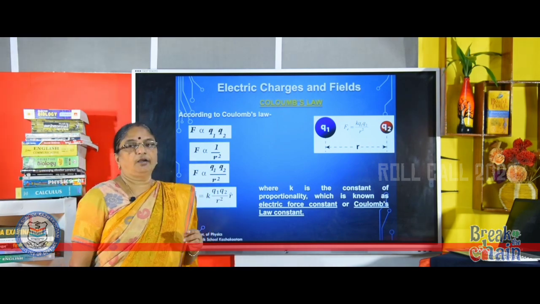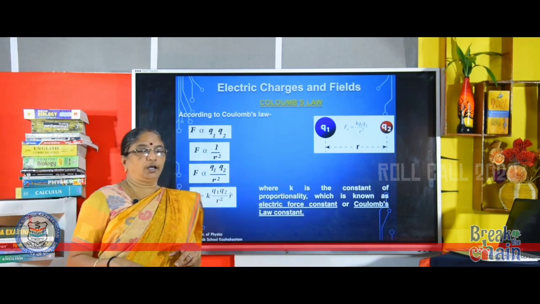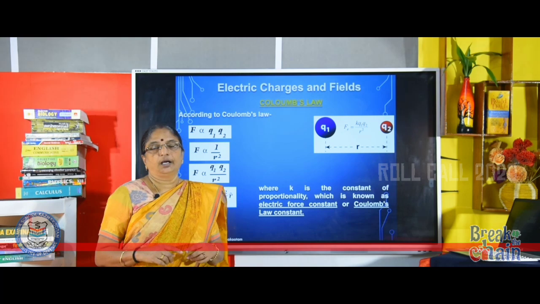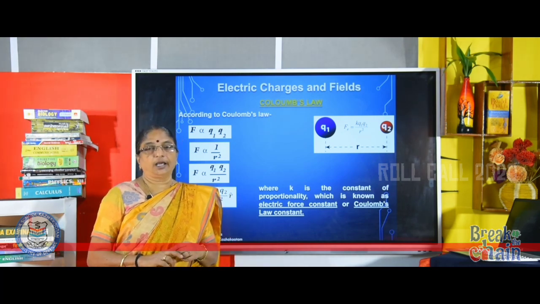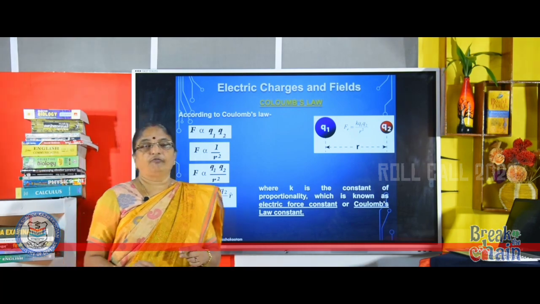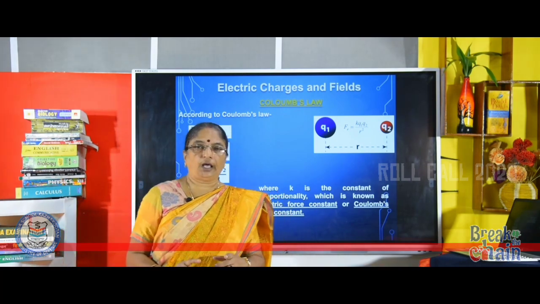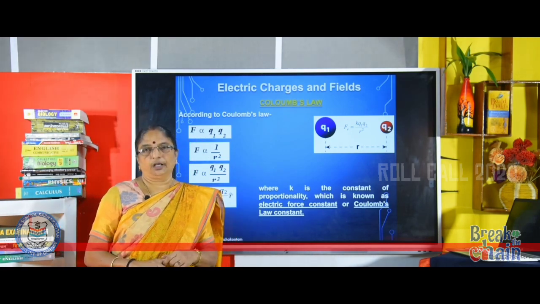So F is proportional to Q1 Q2 by R square, and the constant of proportionality is small letter k. So the equation for force can be written as vector F equal to k Q1 Q2 by R square R cap.